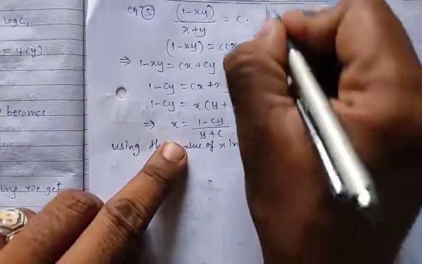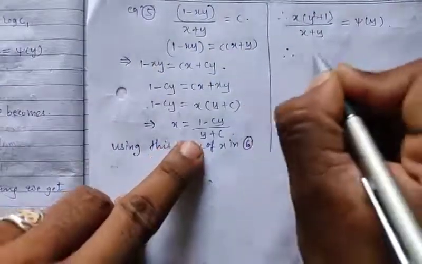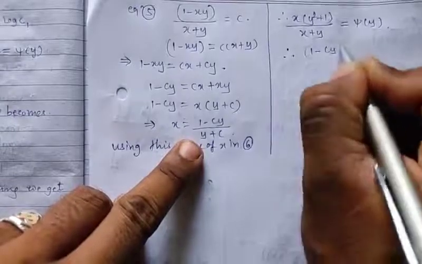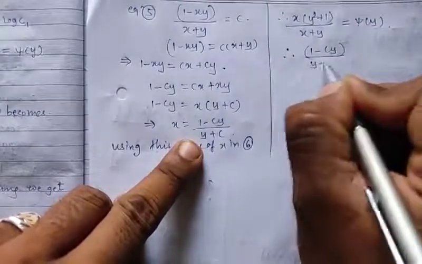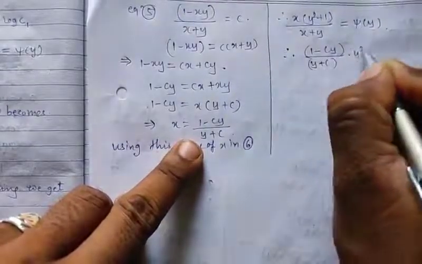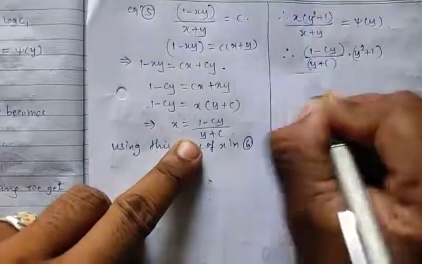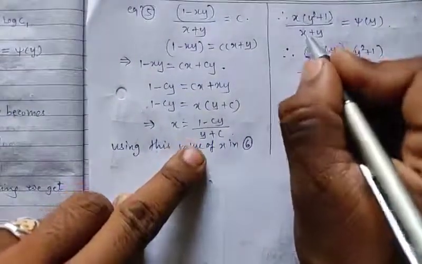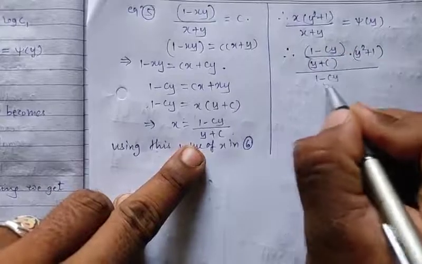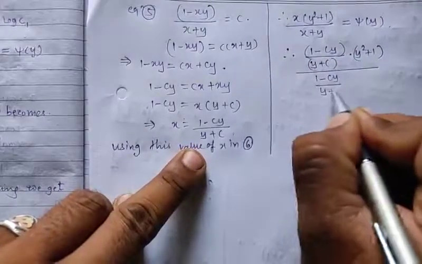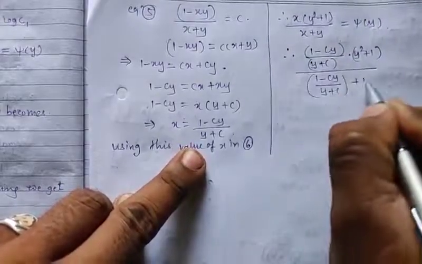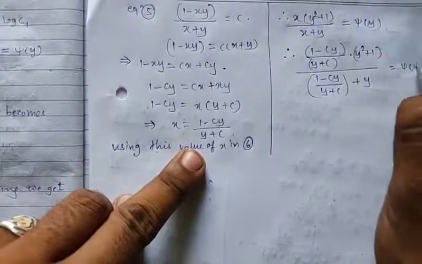Therefore the value of x is (1 - cy)/(y + c), so [(1 - cy)/(y + c)](y² + 1) divided by [(1 - cy)/(y + c) + y] equal to psi of y.